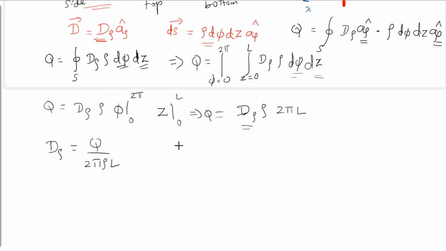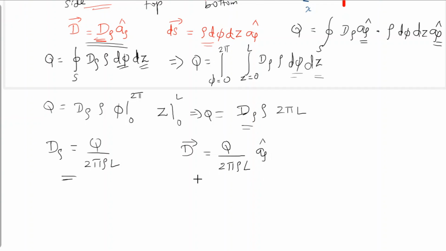But I want a D vector. What is the D vector? D rho a rho cap, right? So d rho is now evaluated as Q by 2 pi rho L. So I get the D vector as Q by 2 pi rho L a rho cap.